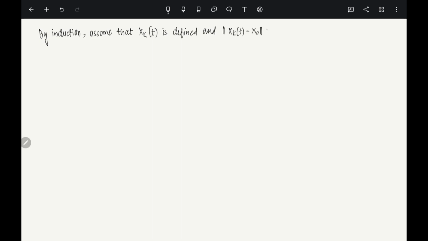Now by induction, let's assume that xk of t is defined and the norm of xk of t minus x naught is less than rho for all t in I. Clear?